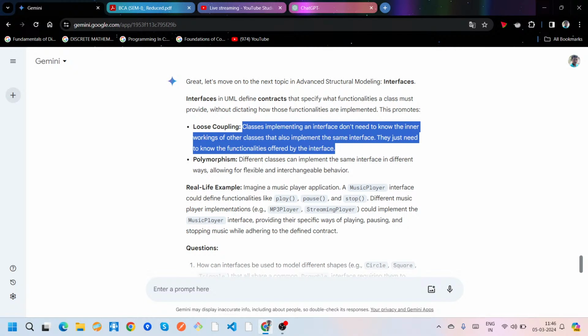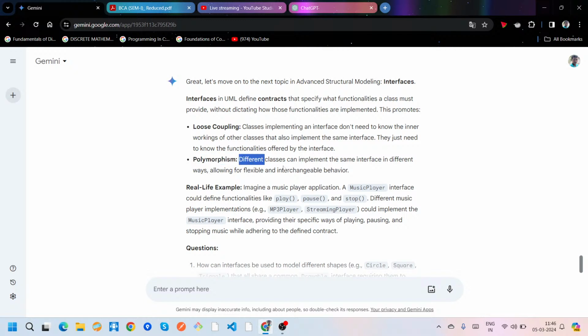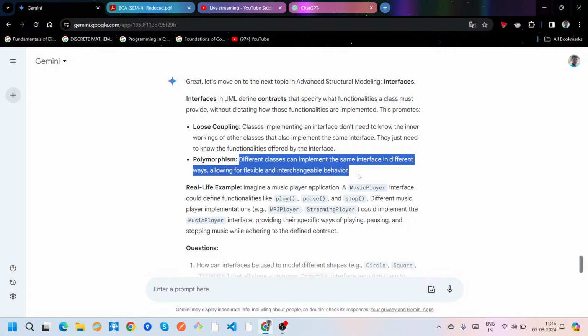They just need to know the functionalities offered by the interface. Polymorphism means different classes can implement the same interface in different ways, allowing for flexible and interchangeable behavior.